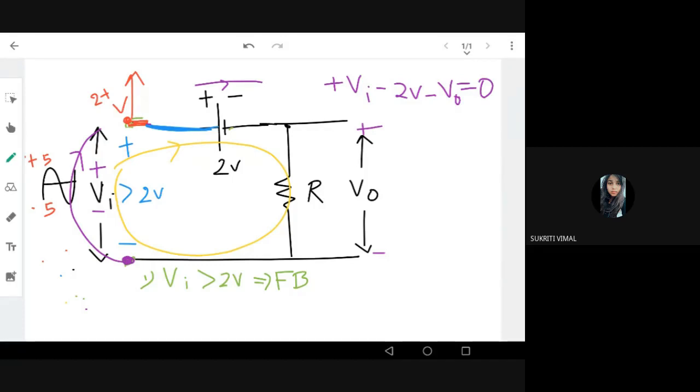Now what is Vout from this equation? VO equals Vi minus 2. What is the meaning of what we have just derived? VO is Vi, which we know is a sine wave. When the input is greater than 2 volt, it's still a sine wave, but decreased by a 2 volt DC voltage.